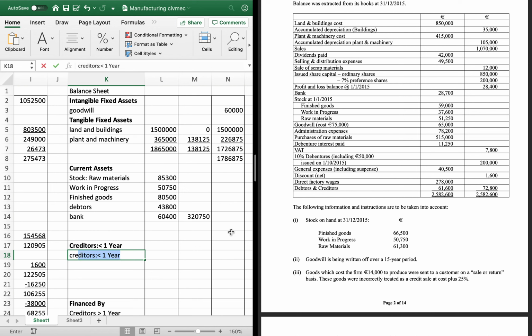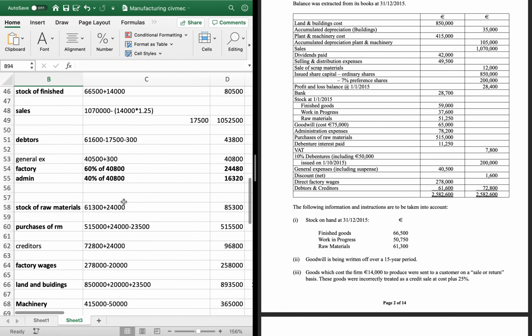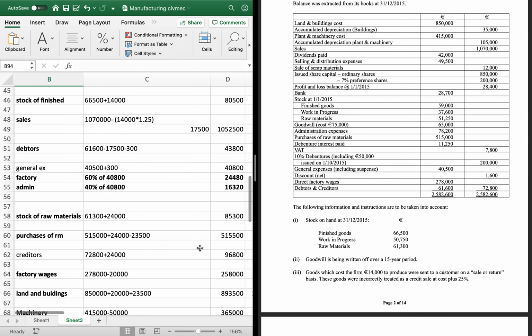Creditors less than 1 year. Well, you obviously have creditors. Creditors had changed. It's one of our first workings. It's 96,800.